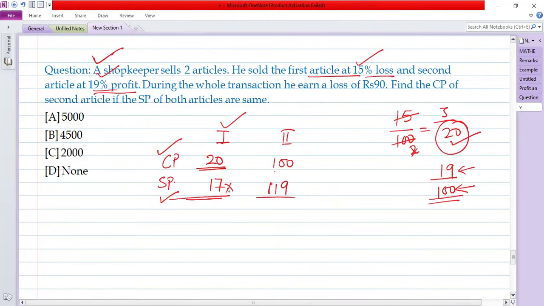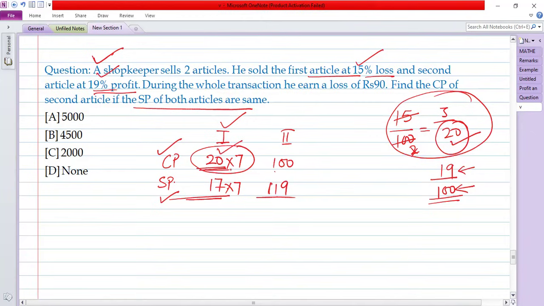Now once again, I should multiply it by 7. Why? Because the selling price of both the articles are same. So even here I should multiply by 7. Okay, because only if I multiply this cost price by 7, only then this ratio will hold. Okay. And now 20 into 7, 140 plus 100, that is 240.